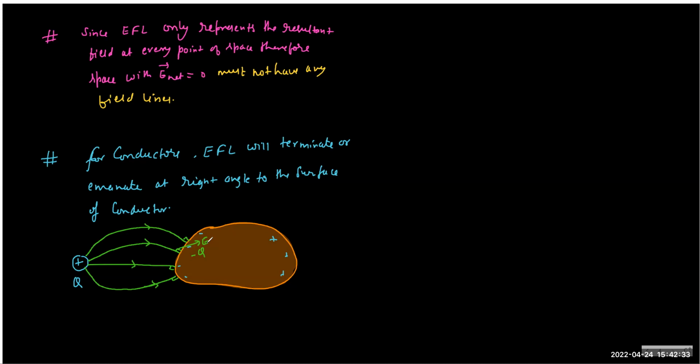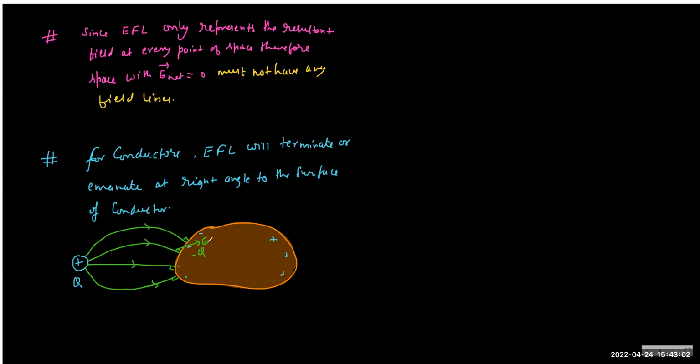For charge equilibrium, they will move such that eventually they cancel the tangential component. They cannot keep on moving forever, no? So at some point they will cancel the effect of the tangential electric field, and therefore the whole idea of charge distribution is to cancel the tangential field.